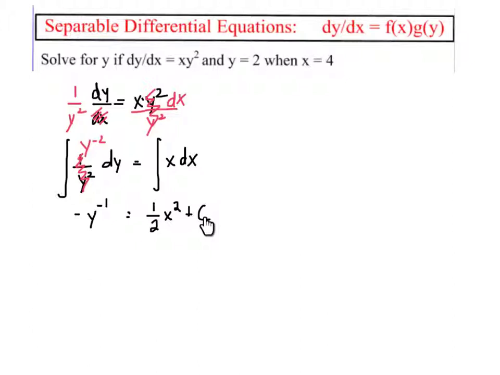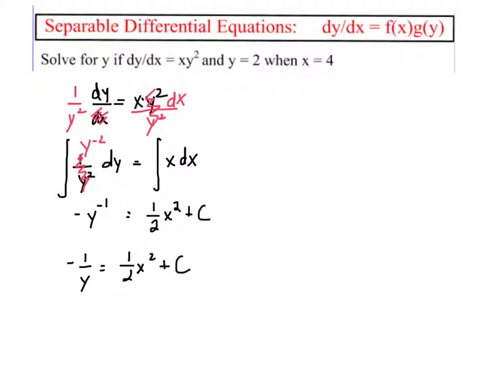Okay, now, the other thing I should mention is we have been given a point here, x is 4, y is 2, so we need to solve for the constant. We can do that any time that we deem to be easiest. Right now we've got negative 1 over y equals 1/2 x squared plus a constant.